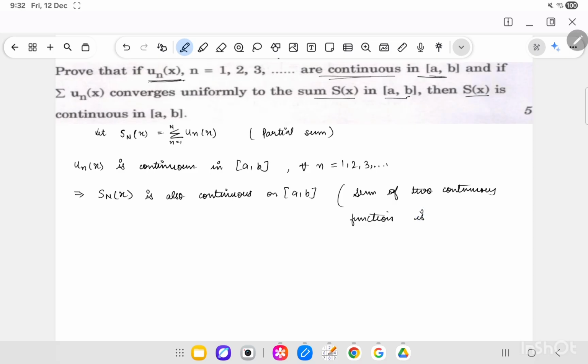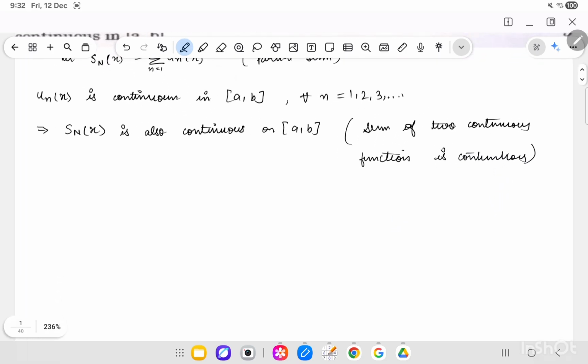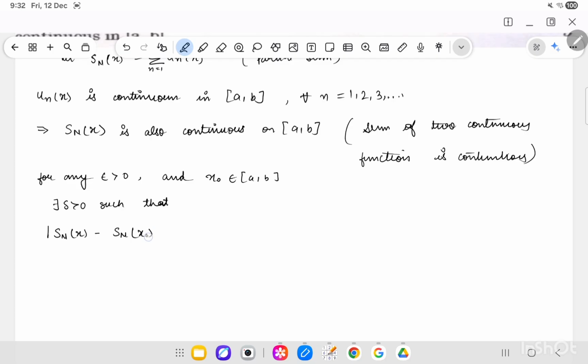Next, let's write its definition. Since we got that our S_N(x) is continuous, we can write it as: for any given epsilon greater than 0 and any arbitrary point x0 in [a, b], there exists a delta greater than 0 such that the absolute value of S_N(x) minus S_N(x0) is less than epsilon by 3 whenever the modulus of x minus x0 is less than delta.